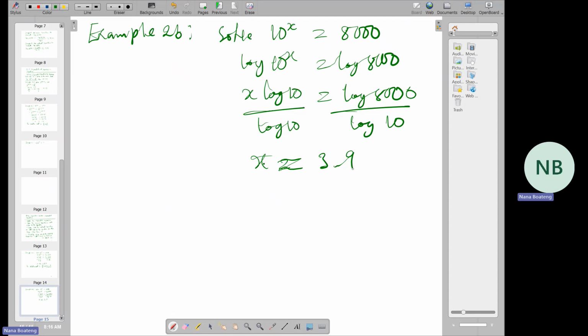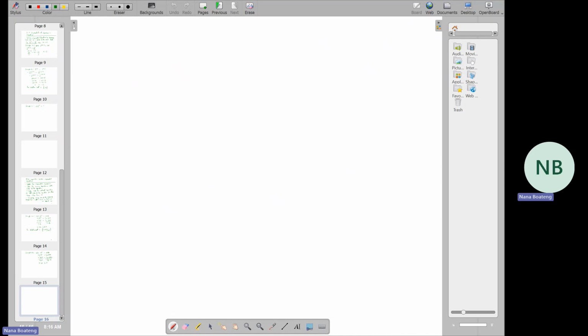All right, let's also look at another example. So this would be our third example, example 3. And this is solve 3 power 2x minus 1 is equal to 7 power x plus 1.